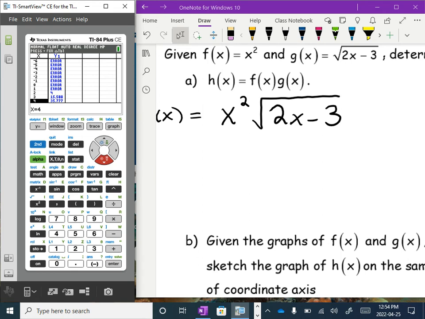It looks like it starts at 2.4. But does it start at 2.4? No, because the domain, your restrictions on x, starts at 1.5.